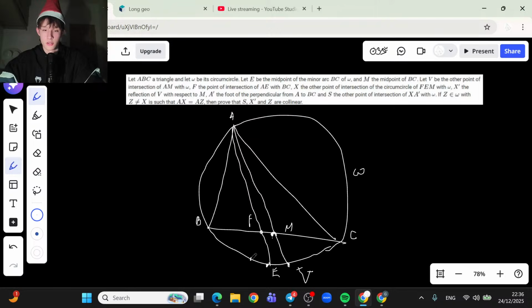Okay, so let's not draw the circle and just be patient, I guess. But we know that it's this point here, X. X prime is the reflection of V with respect to M. Oh my gosh. And A prime is the foot of the perpendicular from A to BC. Yeah, this is a problem for Vietnam. I can feel it. S is the other point of intersection of XA prime with omega. Oh my.